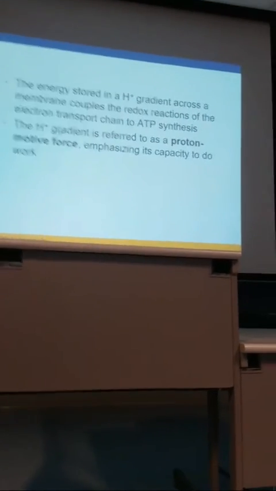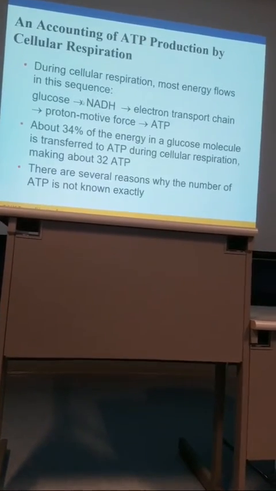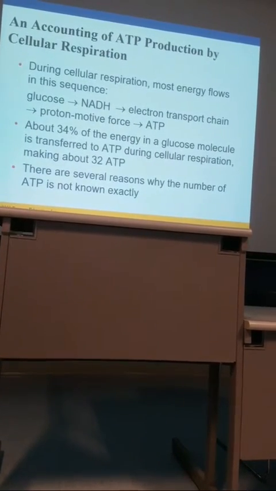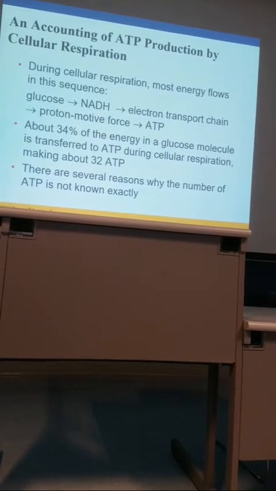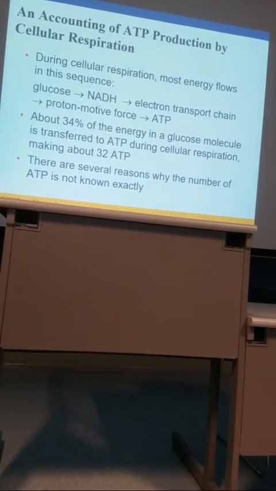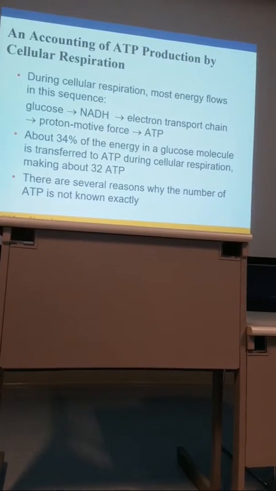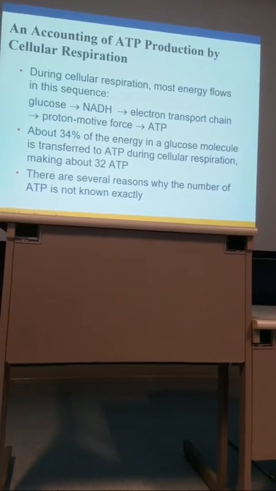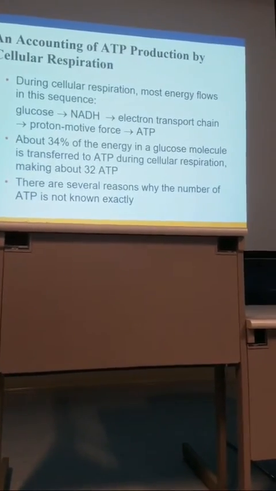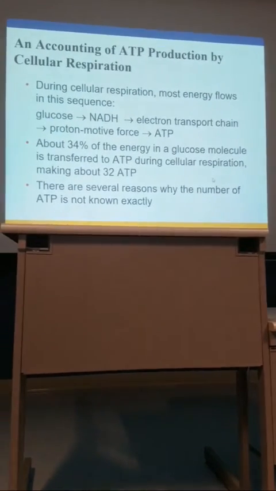The hydrogen gradient is called the proton motive force. Remember, 34% of the energy in a glucose molecule is taken out. Only 34%. There'll be a net extraction, or making, of 32 ATP.